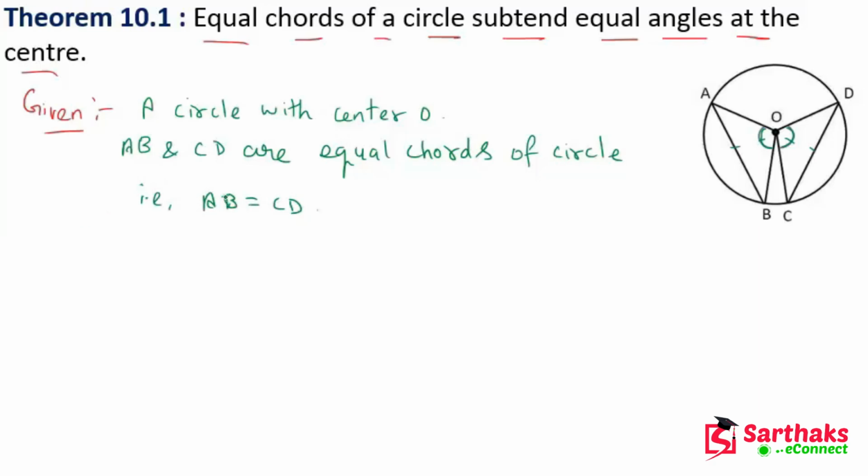We have to prove that angle AOB, this angle, is equal to angle DOC, this angle. We have to prove that these two angles are equal.